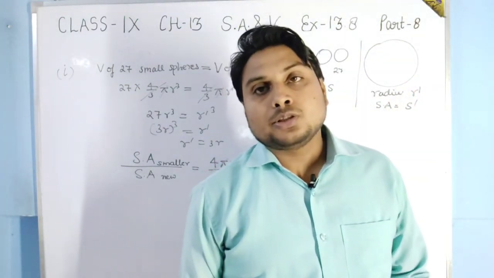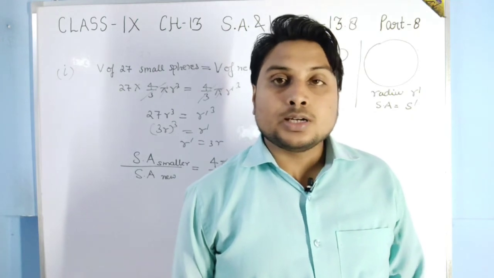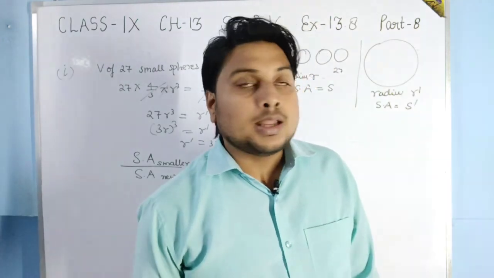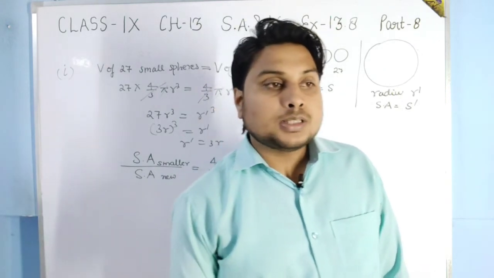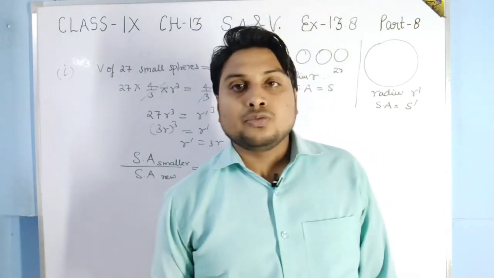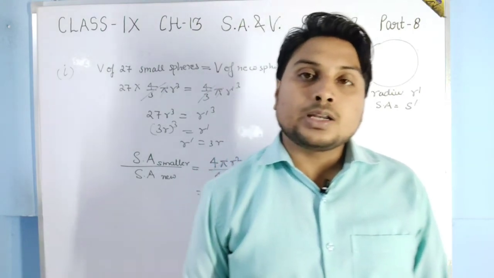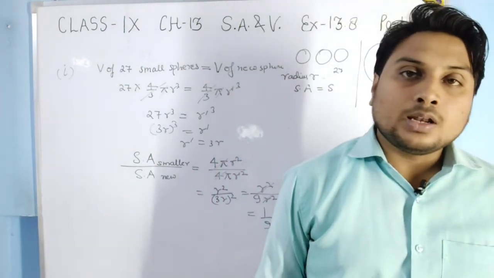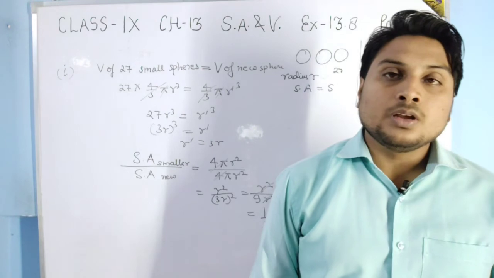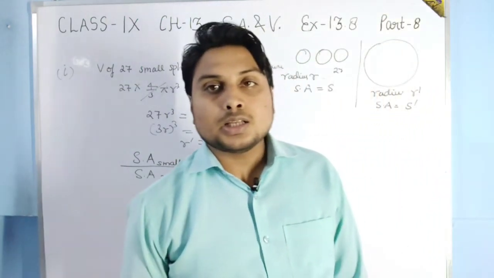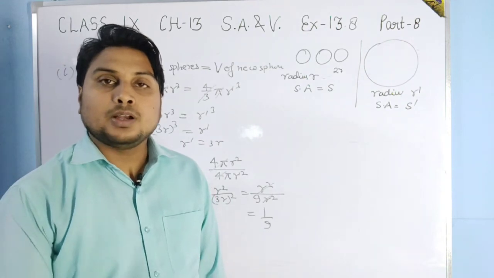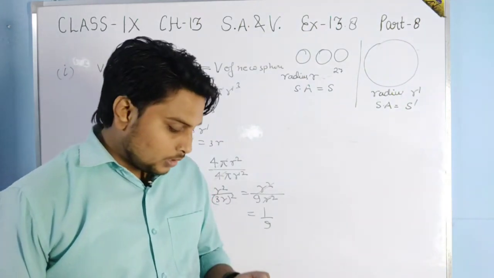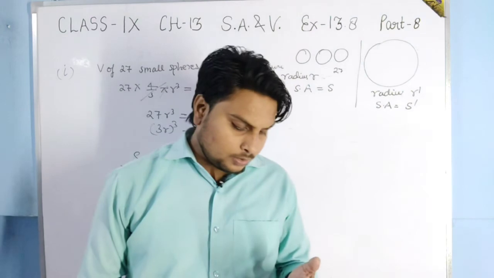This is a very easy question, because it is like the questions of capacity. You have to find the capacity of that spherical capsule. If the diameter is given, from there you can find the radius, and from the radius you can find the volume. This question is easy, you can do it by yourself.